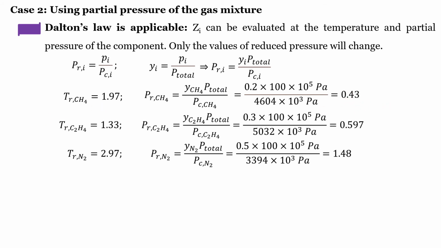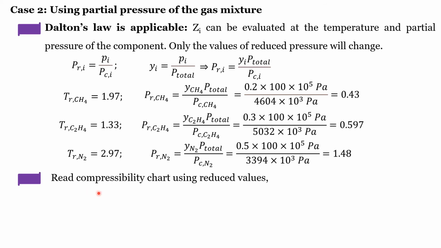Now we can read the generalized compressibility chart. So we will read the compressibility chart using reduced values, and we will get the compressibility factor for individual components. Using TR CH4 and PR CH4, we will get the value of compressibility factor for CH4.